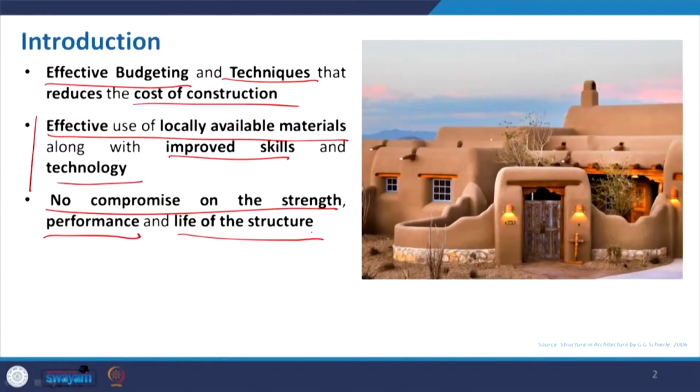Normally we cannot simply take this mud, because in an area where there is rainfall it all washes out. But if we improve the material with some admixture of cement as a fine binder, then definitely that can improve the situation and it can be used as a building material.